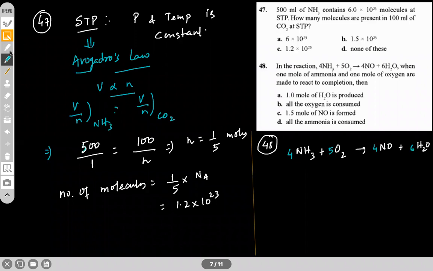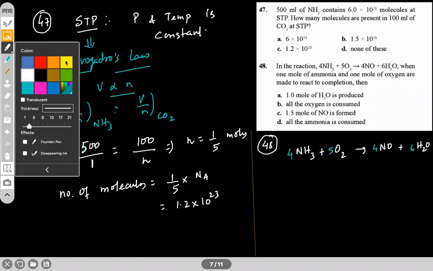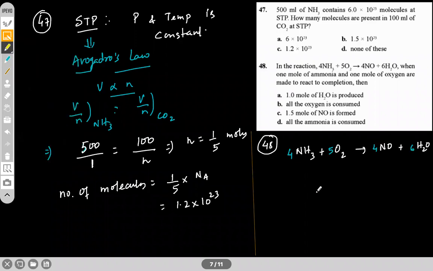What is given in the question? We have one mole of ammonia, and we also have 1 mole of oxygen. Then what happens?